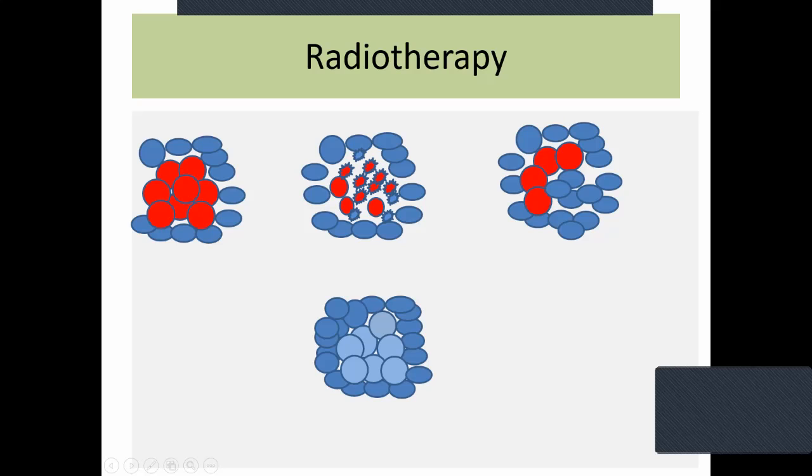So the number of tumor cells that are going to divide after irradiation is less, whereas the normal cells' dividing ability is more. So normal cells gradually increase, and finally the tumor cells are completely destroyed and the space is occupied by the normal cells. So this is the principle behind radiotherapy.